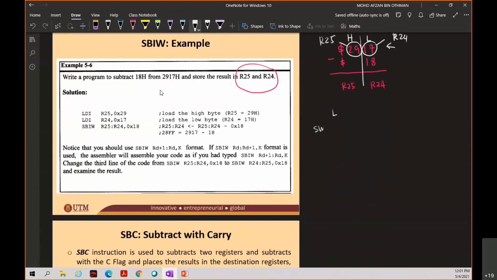So by using the LDI instruction, LDI R24, 0x17, and then after that you can use the SBIW R25:R24, subtracting the immediate data, which is 0x18.